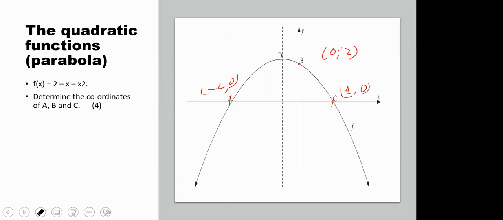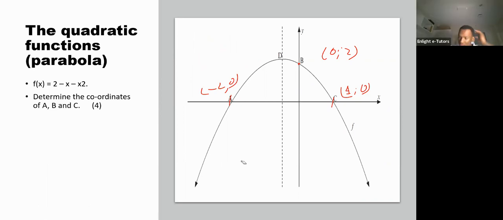So I equate the entire equation to 0. If you want the y values, we let x equal to 0. If you put 0 here and 0 here, obviously you're gonna be left with 2. So you already have (0, 2).